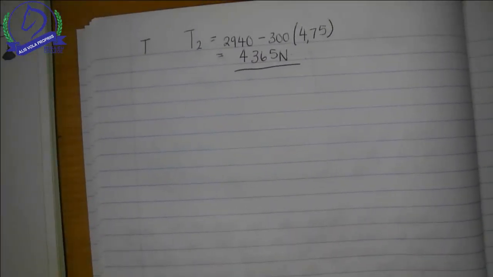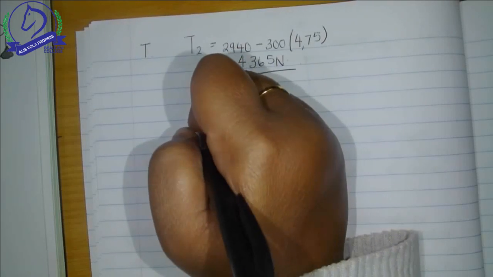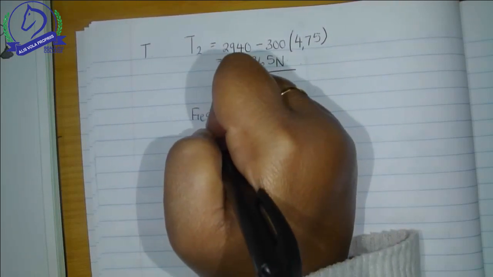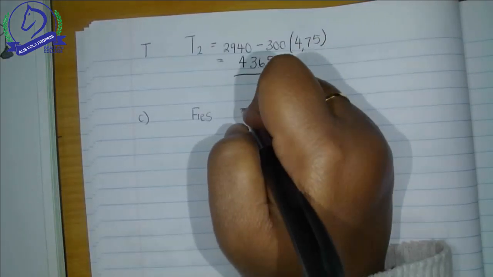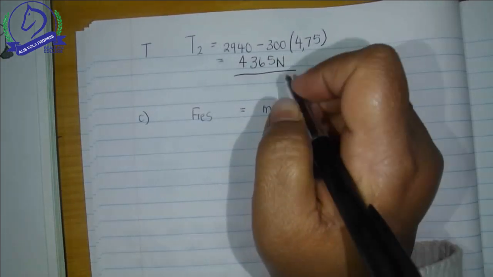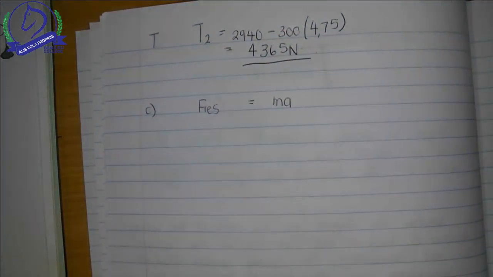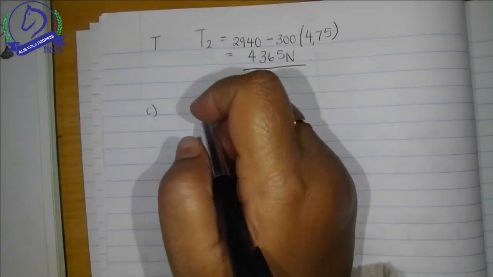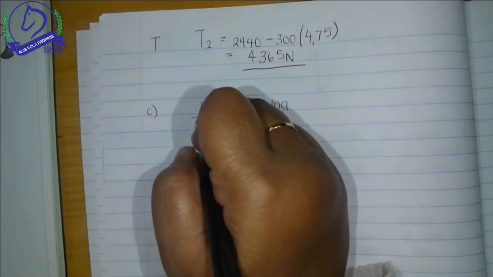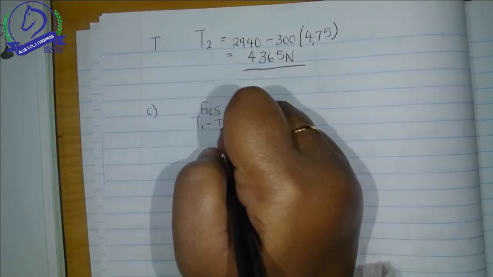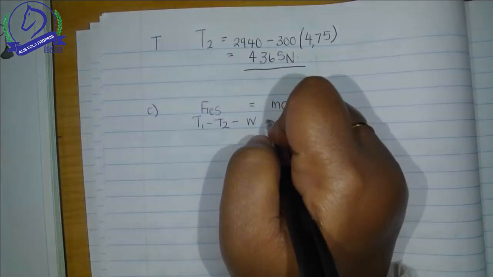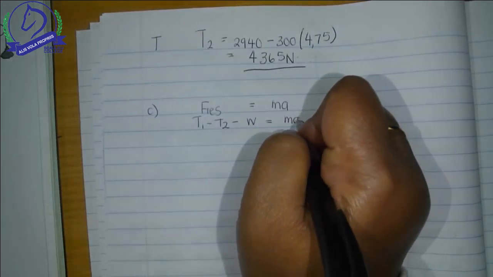And then C says, if the helicopter has a mass of 1,000 kilograms, calculate the upward thrust of the rotor on the helicopter while accelerating the two objects. That is not difficult, because we're using Newton's second law again. F resultant is equal to MA, and we're going T1 minus T2 minus W is equal to MA.